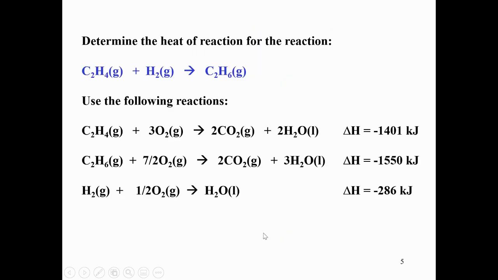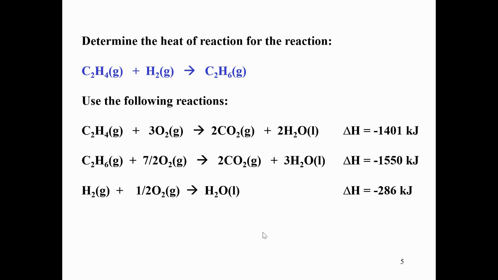Okay? Next one here. So now this is my goal equation. I want to have C2H4 plus H2, forming C2H6. These are my pathways I can go. I can take the road that goes C2H4 plus 3O2, forming 2 CO2s plus 2 H2Os. In that one, I'm going to have a delta H of negative 1,401 kilojoules.